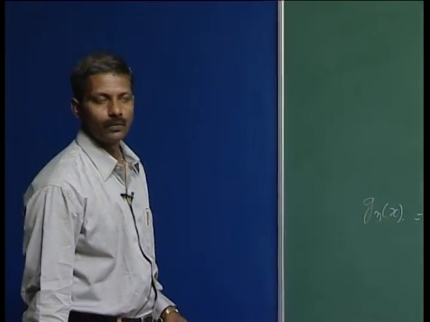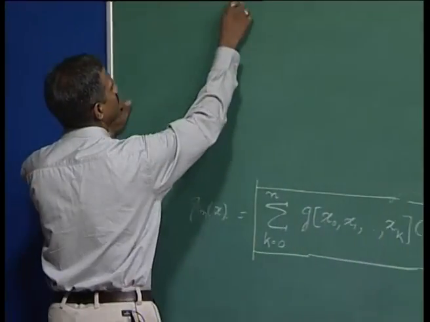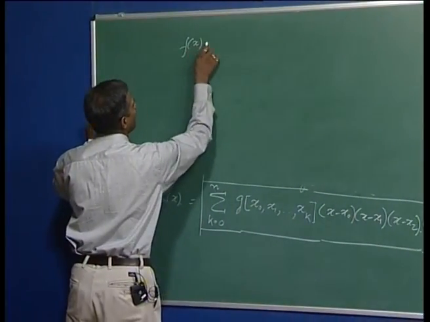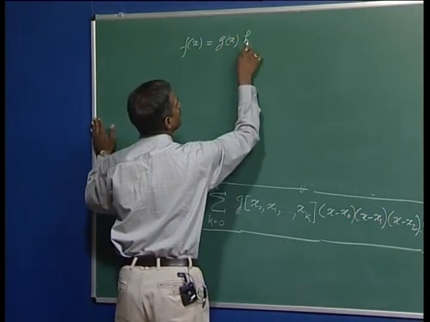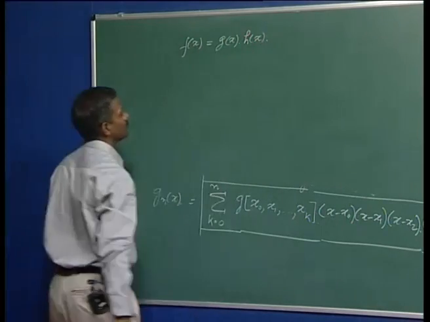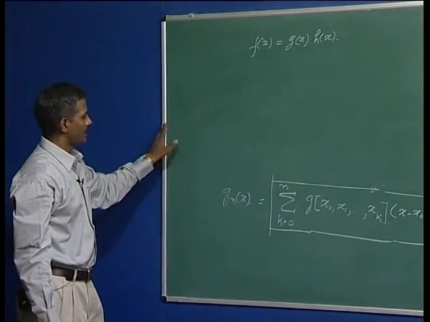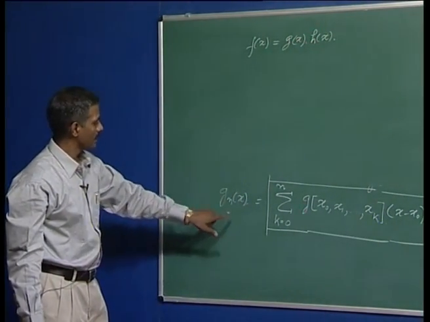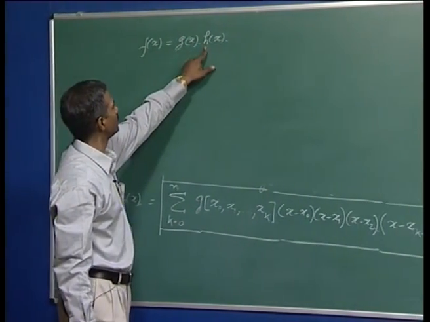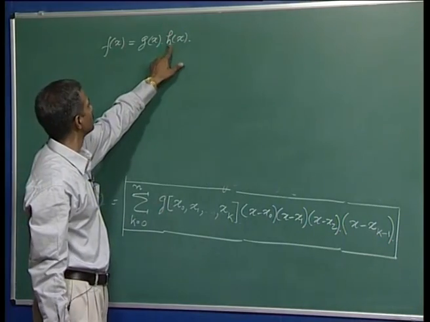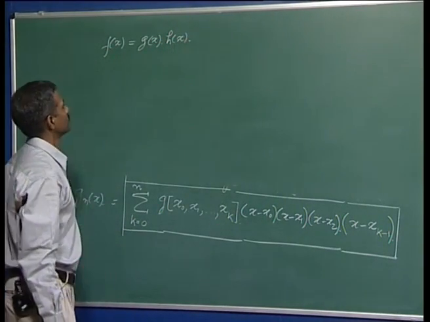Let's not lose our perspective. Recall that f of x was equal to g of x times h of x. Let's now multiply the polynomial approximation of g with the polynomial approximation of h.